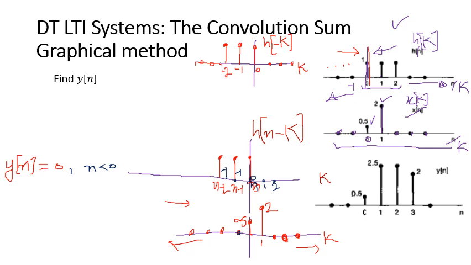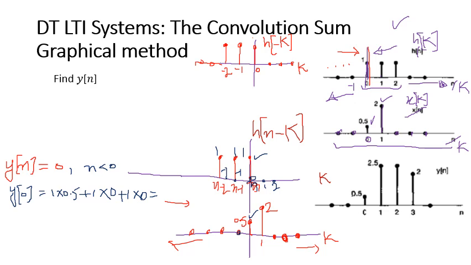When n is 0, we see that this one is non-zero and this is also non-zero, so their product will be non-zero, and summing them will result in a non-zero value of y. So when n equals 0, we can write y of 0 equals what? 1 multiplied by 0.5.